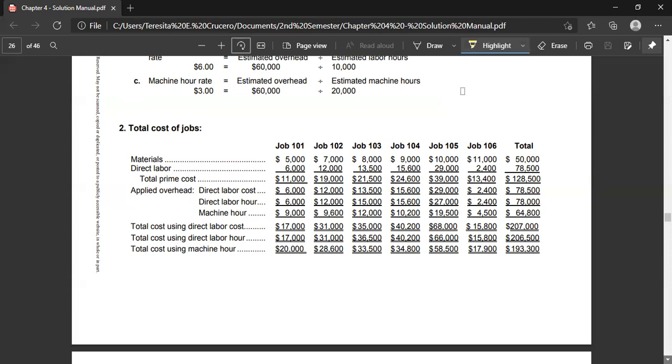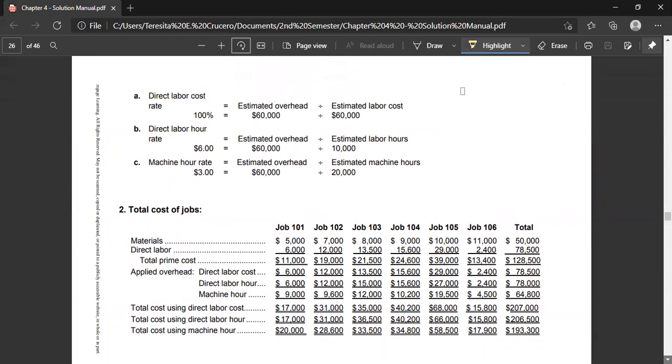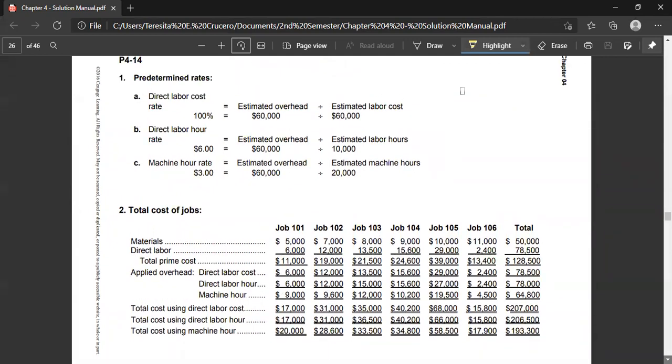Now, in the second base, we compute the total cost using direct labor hours. The number of direct labor hours for job 101 is 1,000, and we compute with the rate of 6 per direct labor hour.